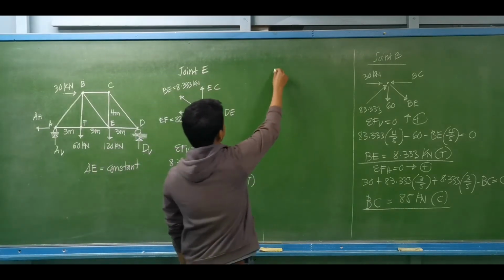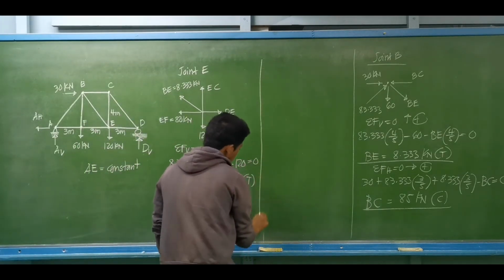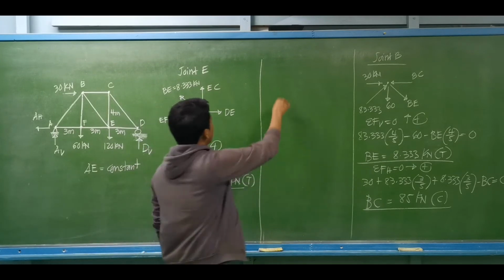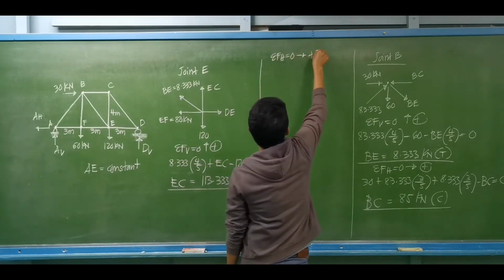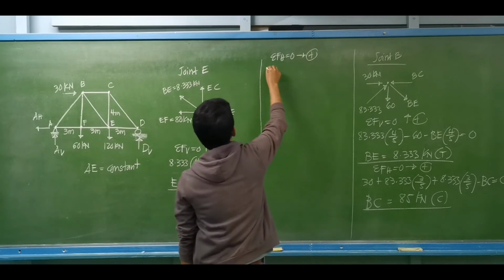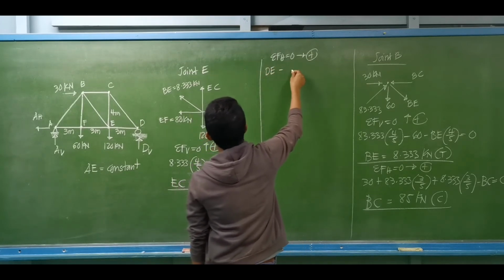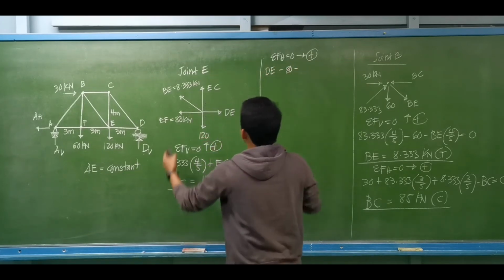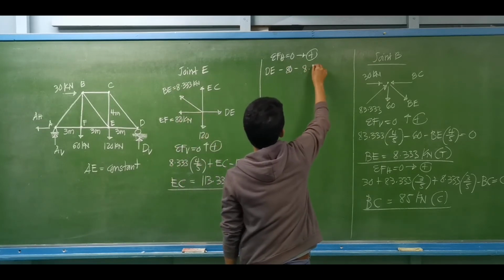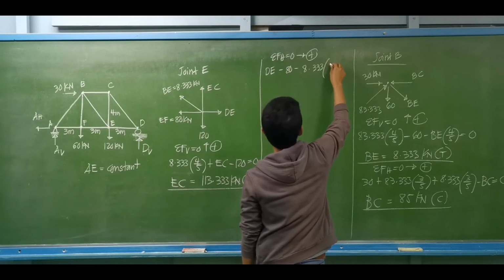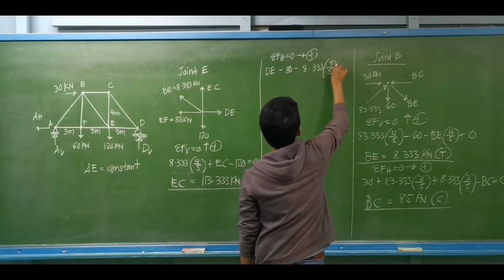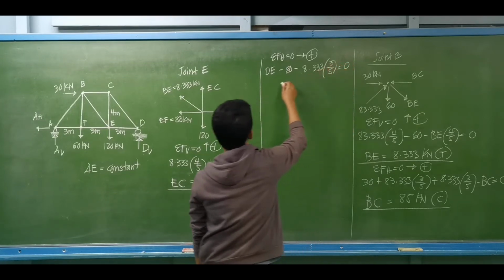Then by summation of forces horizontal for member DE, we have the summation of forces horizontal equal to 0, to the right forces to be positive. This is DE minus 80 kilonewtons minus the horizontal component, this is 8.333, horizontal component is 3/5, equal to 0.